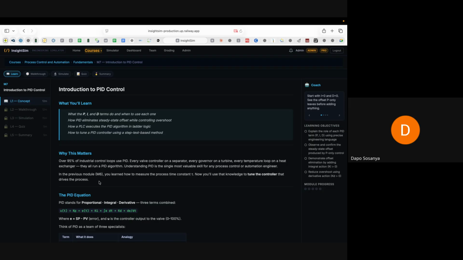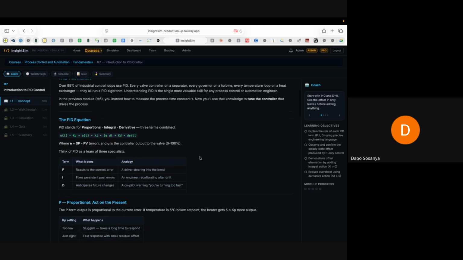All of those drives have the PID algorithm in them. Some of them even use more advanced algorithms, but most of these other algorithms are essentially a modification of this PID algorithm. All right, so let's move.